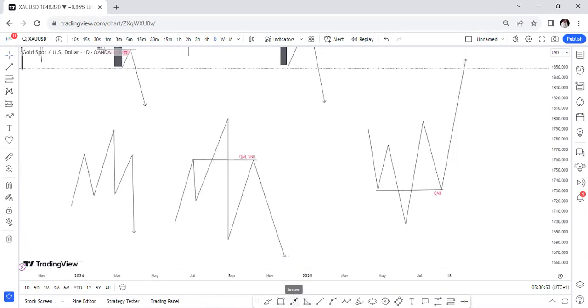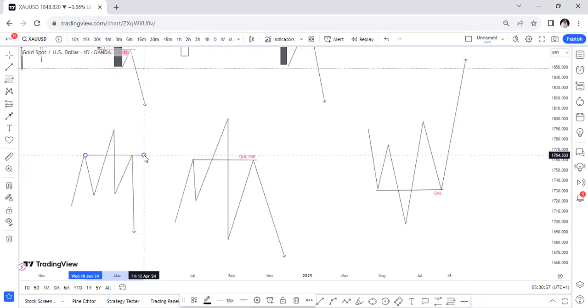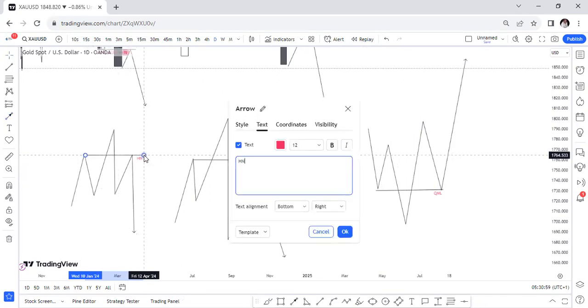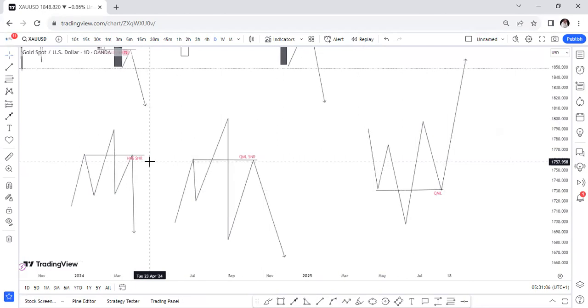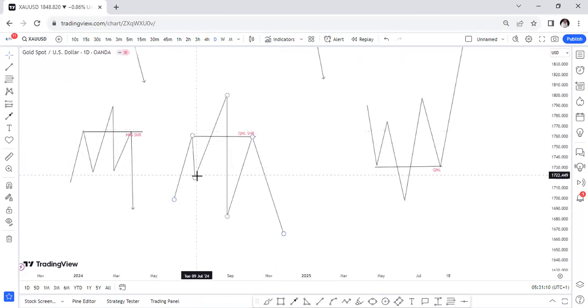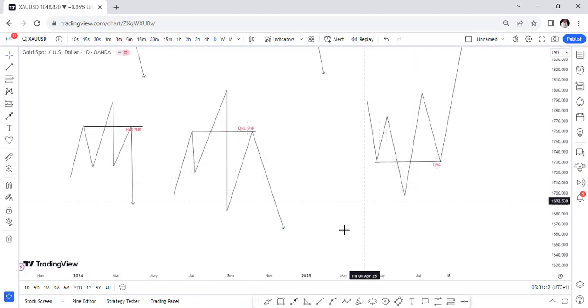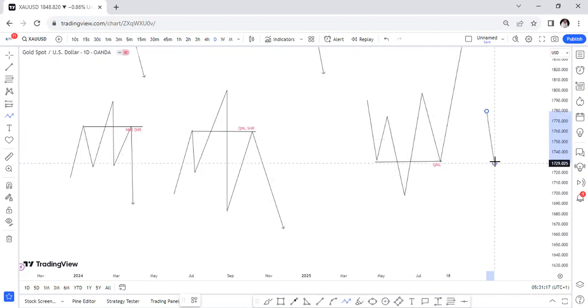Head and shoulder pattern for sell. But under this, we have it as this for buy, the neckline.